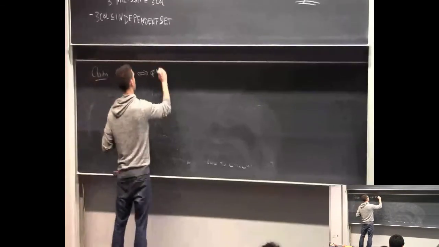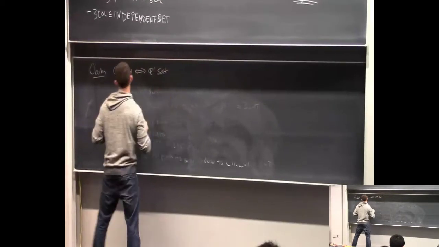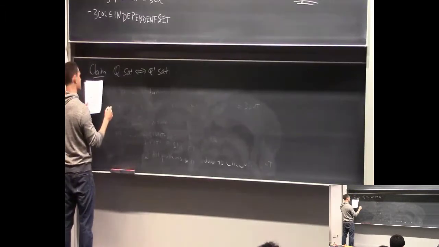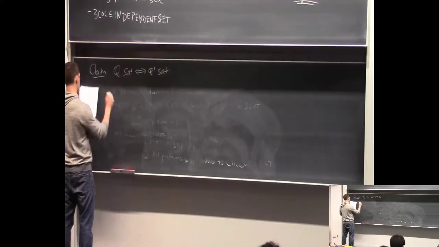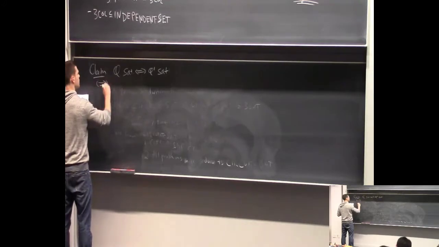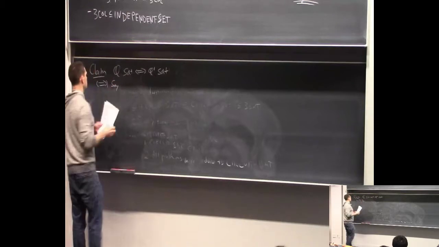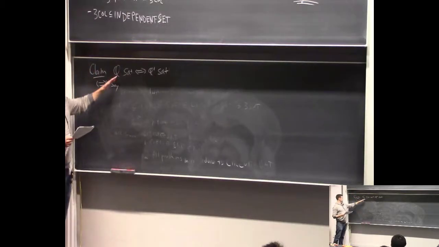Phi is satisfiable if and only if phi prime is satisfiable. So there's two directions here. In this direction, we're going to assume that phi is satisfiable and then show that phi prime is satisfiable.